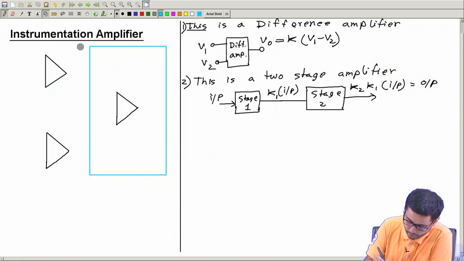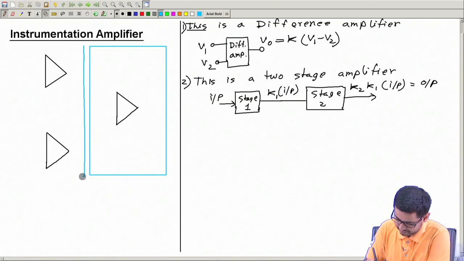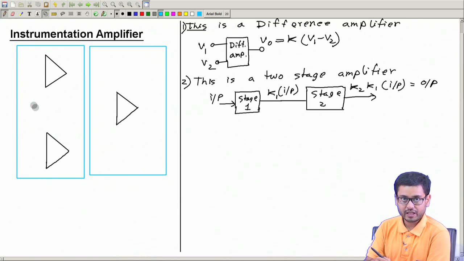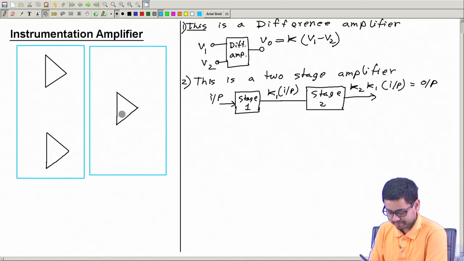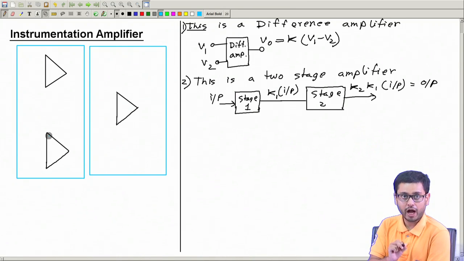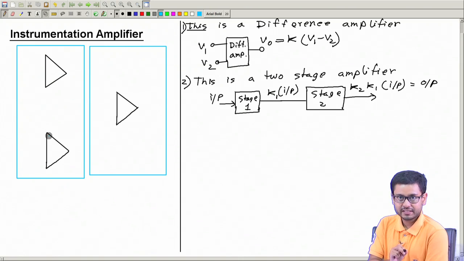This is going to be one stage, and this is going to be the other stage. First stage will have 2 op amps, next stage will have 1 op amp. Now, I will just tell you how to connect it.